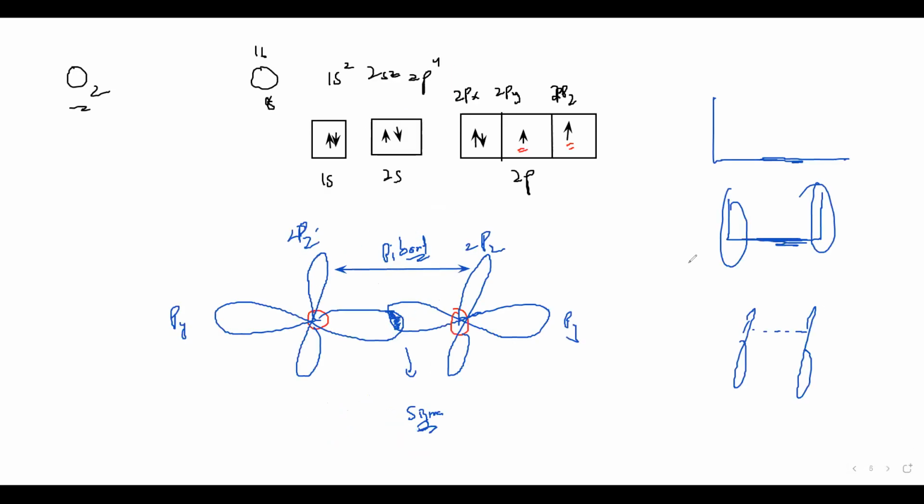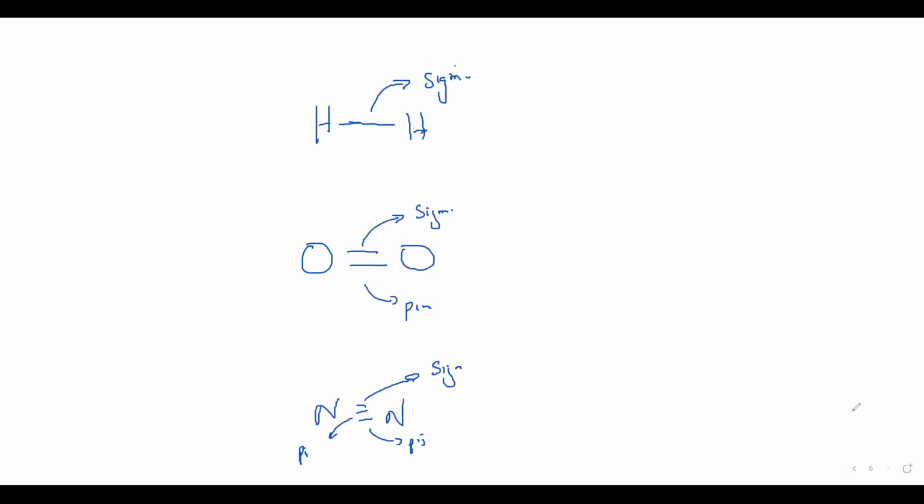So, example of nitrogen, the nitrogen molecule N2. When we write the electronic configuration for a nitrogen atom, nitrogen is atomic number 7 and mass 14. So 1s2, 2s2, 2p3.